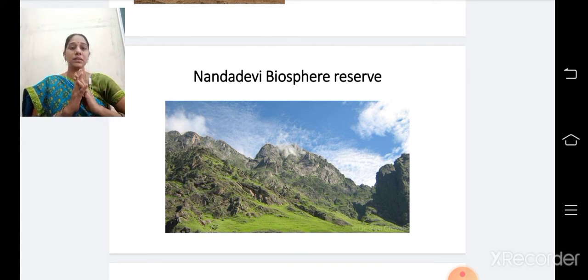In the mantle part, scientific research is allowed. In the transition zone, the adjacent villagers may collect some firewood. There are some restrictions. So these are all conserved areas, very strictly protected by different laws, and these are all meant for in situ conservation, meaning the flora and fauna are conserved within their natural habitats.